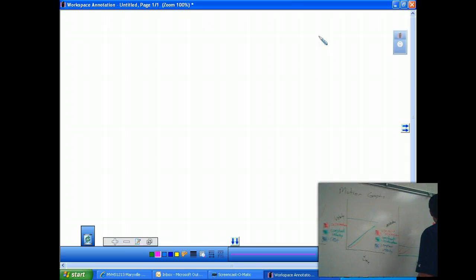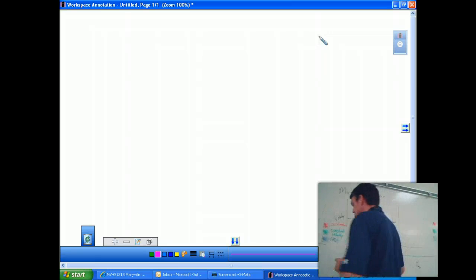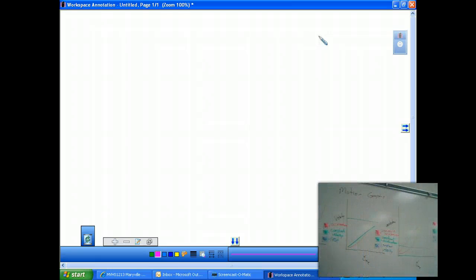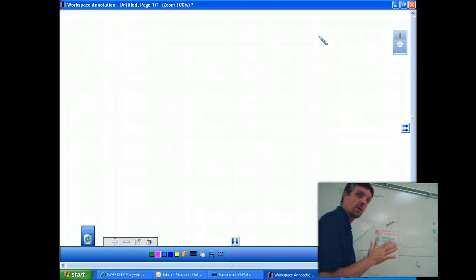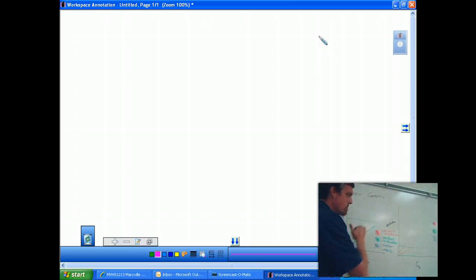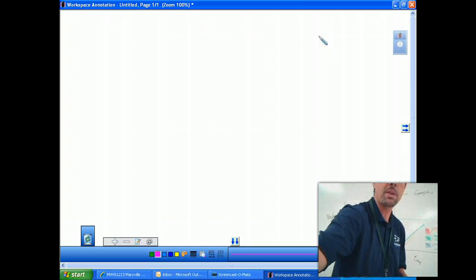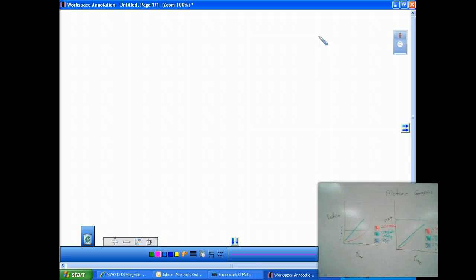So I'll just call that variable acceleration. All right, it's changing. So there we go. There's the three types of motion graphs that you're responsible for: position versus time, velocity versus time, acceleration versus time, and what the possible lines would stand for. So that's just a short screencast, and I hope maybe that helps as a reference. Okay, that's it.